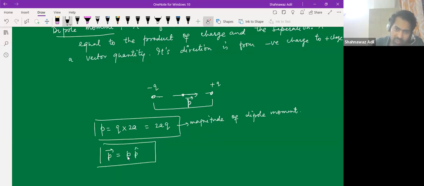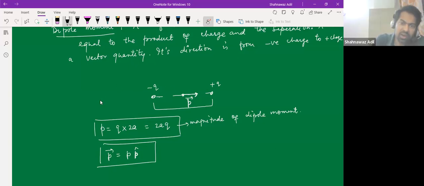The magnitude we know is 2aq. P hat direction would be in this direction, going from negative to positive. Is this part clear? Yes, sir.